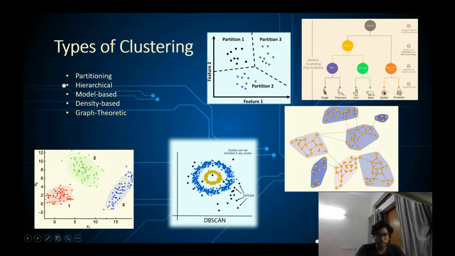And another could be DBSCAN. DBSCAN is basically an example of a density-based algorithm, right? It checks wherever the density of points is more, and it will club them together and form a cluster. For example, you see the blue points are very close to each other, right?